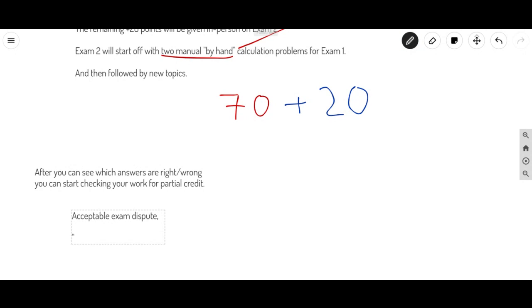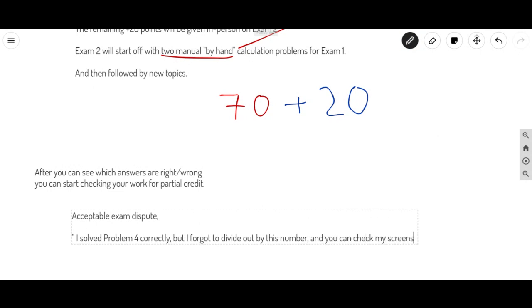You can say something like this: I solved problem 4 correctly, but I forgot to divide out by this number, and here is my work, and you can check my screenshot. And then I'll look at your screenshot and you get full points. Okay, that would be full points.